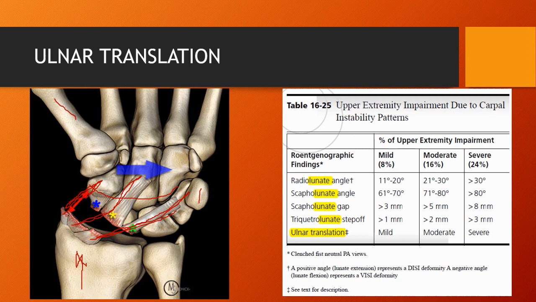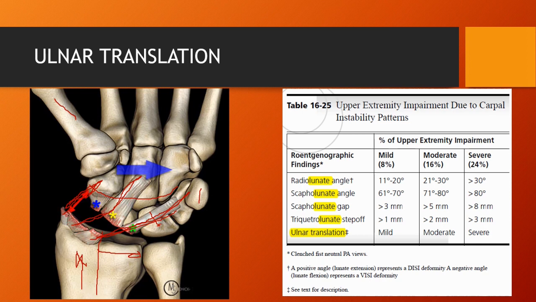Well, with the lunate bone here as our reference bone, as this lunate bone becomes progressively less and less stabilized by the ulnar border of the distal radius here, we see greater and greater impairment due to ulnar translation.